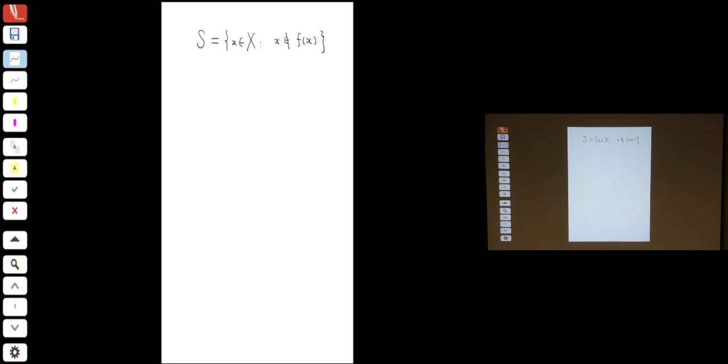Right, I copied the set. Okay, so now the claim, the thing I want to convince you of, is S is not inside the range of f. Okay, so now let's see the proof. So this is a small proof by contradiction.